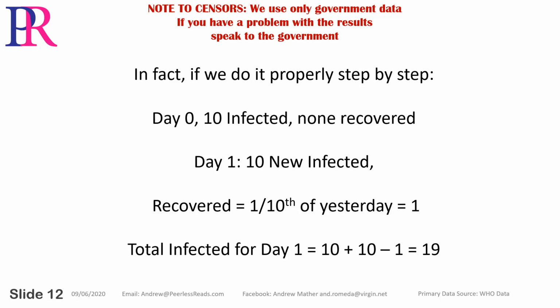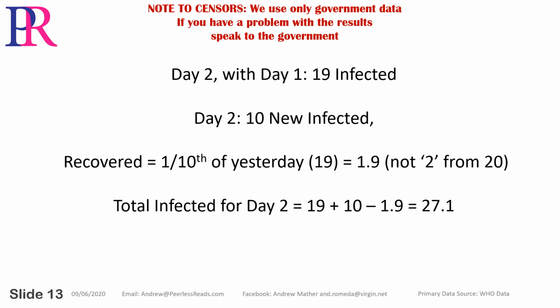In fact, if we do it properly step by step: day 0, 10 infected, none recovered. Day 1, 10 new infected, recovered, 1/10 of yesterday equals 1, total infected for the day, day 1 is 10 plus 10 minus 1 is 19. Day 2, with day 1 at 19 infected, day 2, 10 new infected, recovered, 1/10 of yesterday, 19, equals 1.9, not the 2 of 20.